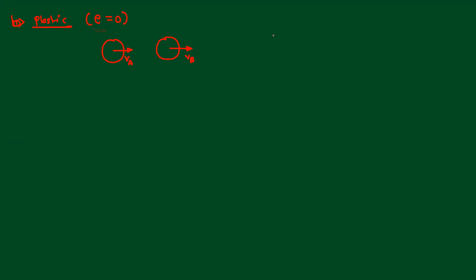When two objects collide with each other, at the collision point they will undergo some deformation. So you can see the deformation here. And after that, they will move with the same velocity.